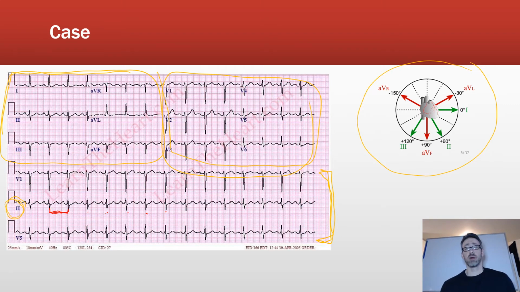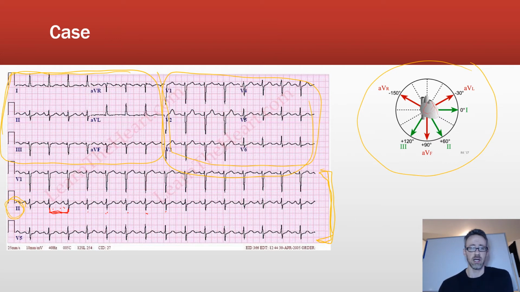The number of large boxes is about 3. We see 3 large boxes between this R to R interval that I just highlighted. If we look closely, it's a little bit more than 3 boxes. But if we do the countdown method, where we go each box, 300, 150, and then 100, it looks to be around 100 beats per minute, probably a little bit less since it's a little bit greater than 3 boxes.